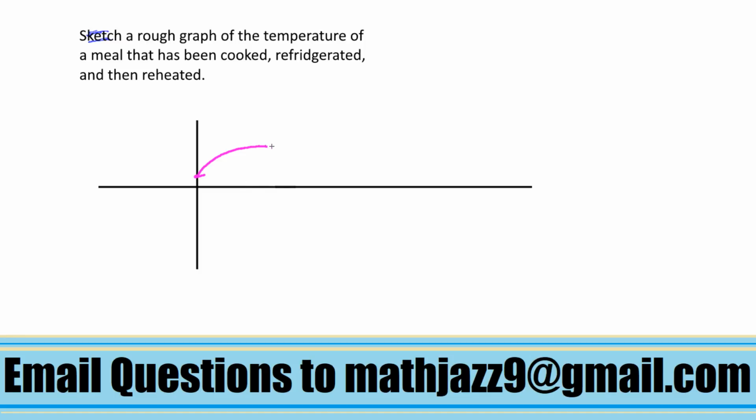Then, after it's been cooked, it'll gradually cool off. It'll cool off fastest the moment it's taken off the pan, but over time, the rate at which it cools off will decrease.